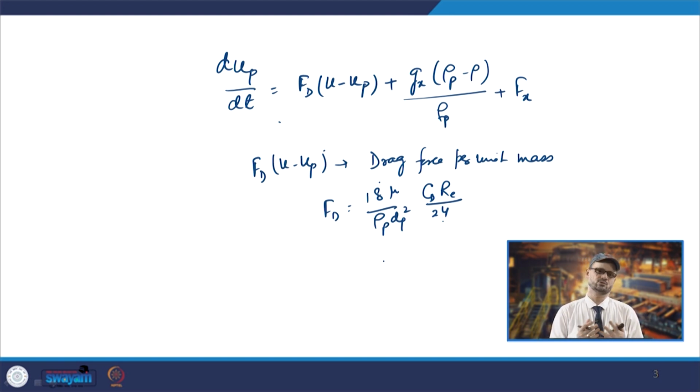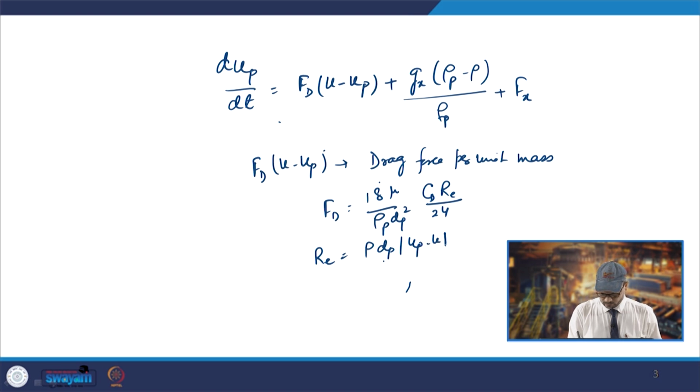You know that the Reynolds number, based on that this value will be taken, is rho into dp into (up minus u) divided by mu. So, that will be your Reynolds number in this case, and CD is the drag coefficient.